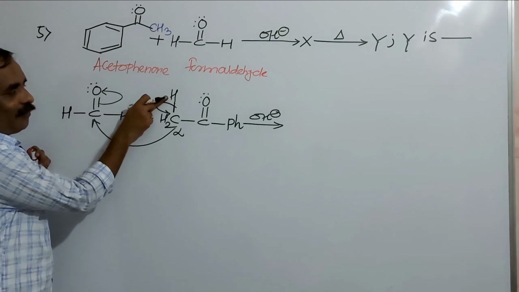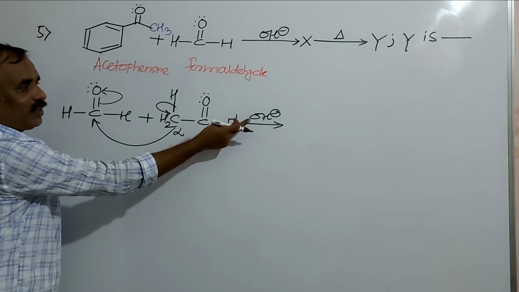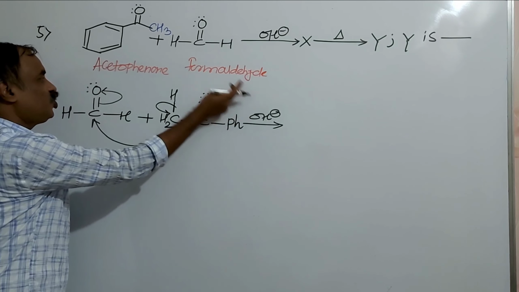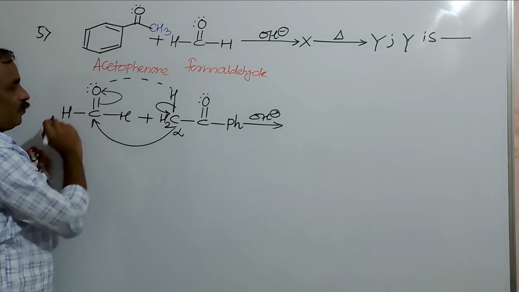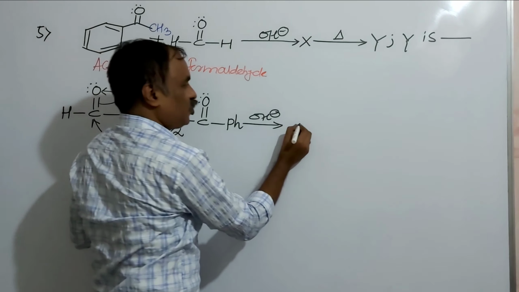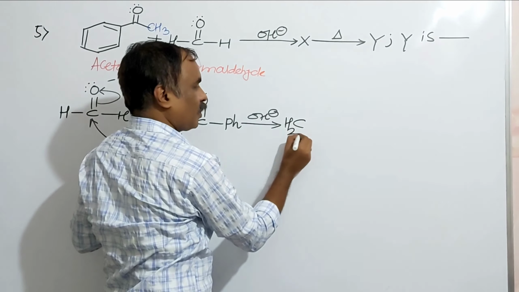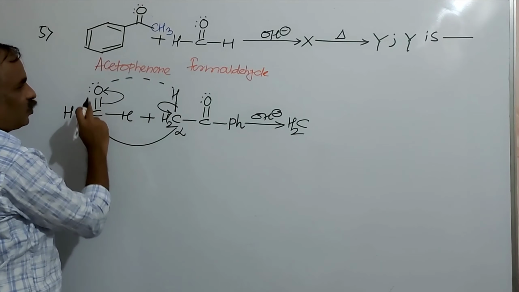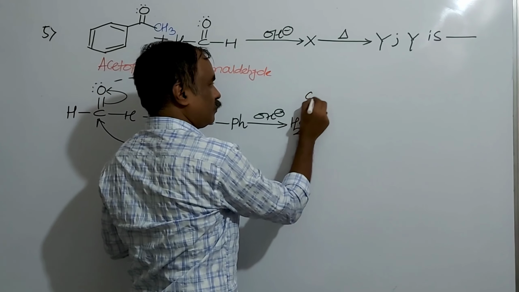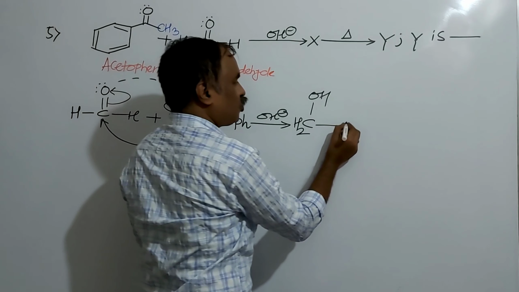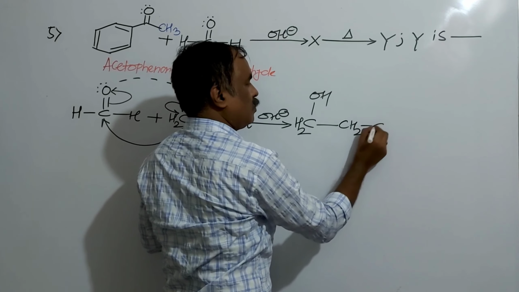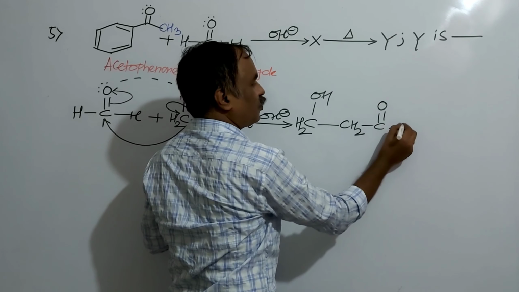So this alpha hydrogen will go with OH minus, and again from that H2O, that H plus will come here. So we can show like this. And here formation of CH2, CH2, here it is OH. This is a new bond, CH2, C double bond O, Ph.